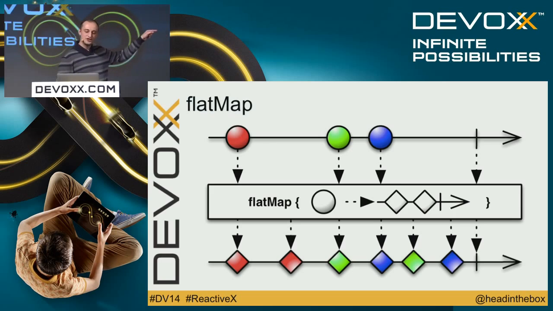So it maps this function, and then it gets an observable for each circle, and those get flattened, right? So for every event emitted, you have a new observable, and those get flattened to one observable. Now all the items are emitted on the output observable.